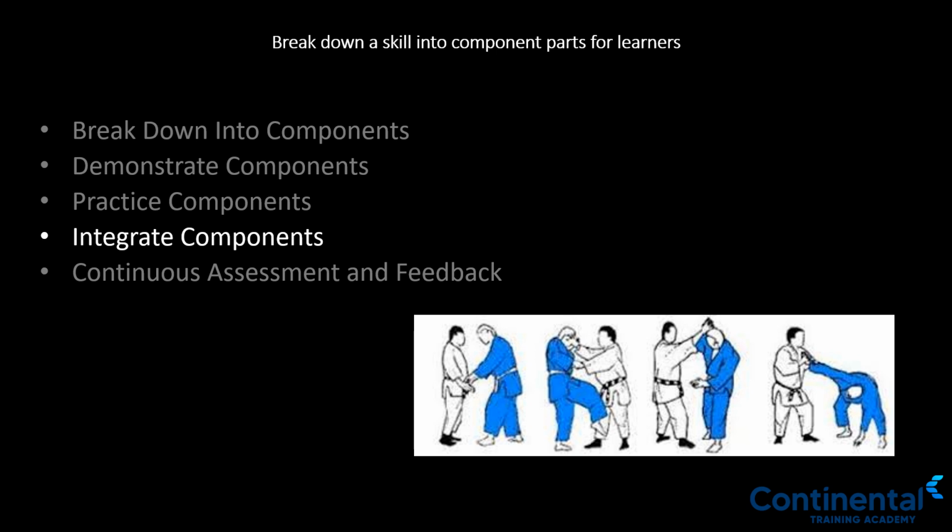Start with combining two components, then gradually add more until the entire technique is integrated. Continuously observe learners as they practice the integrated techniques. Offer immediate constructive feedback to correct any deviations from the proper technique. Always encourage learners to reflect on their performance and identify areas for improvement. So peer feedback can also be a valuable tool for learning.